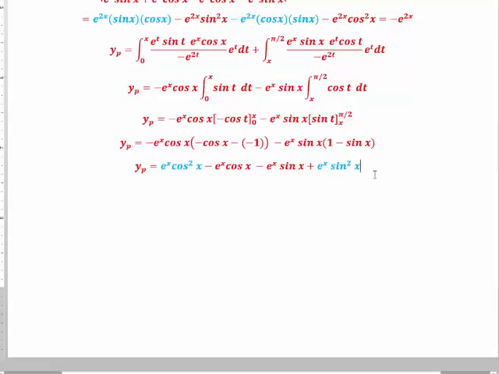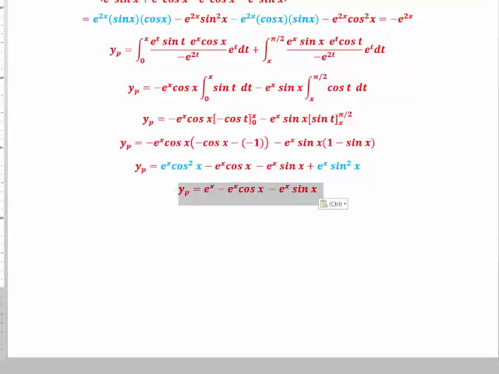So that looks like an e to the x that's ready to come out. So I think from here we got y sub p is equal to e to the x that came out with a cosine squared and the sine squared, plus these other 2 terms. And so I think this should be your final answer.